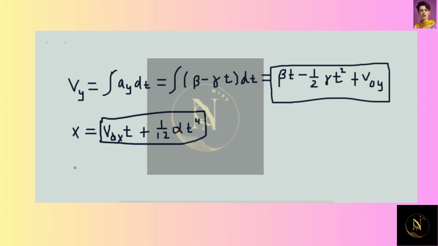Lastly, we need to find y. Y then is just going to be the integral of v of y.